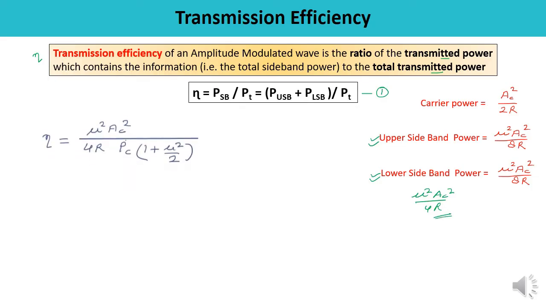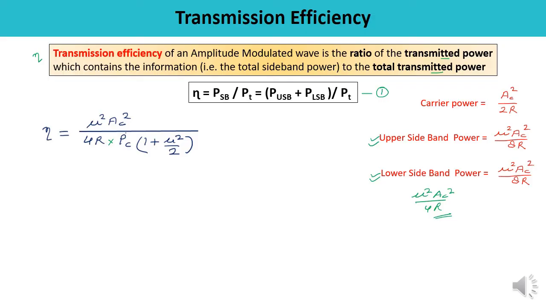So now let us substitute these values. Eta is mu square AC square upon 4R, divided by PT. The relationship between the transmitted power and the carrier power PC is PT equals PC into 1 plus mu square upon 2. Here mu is the modulation index. As I have already told you, in some cases the modulation index is denoted by M. Now you have to simplify it.